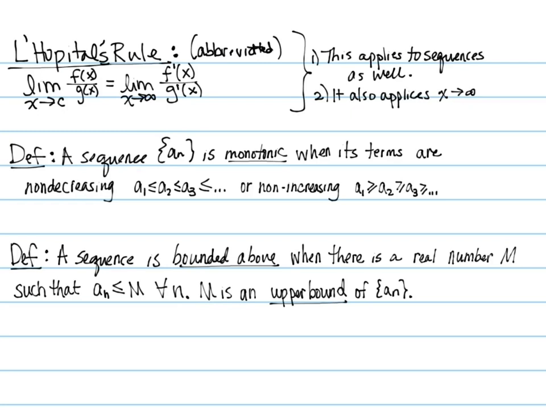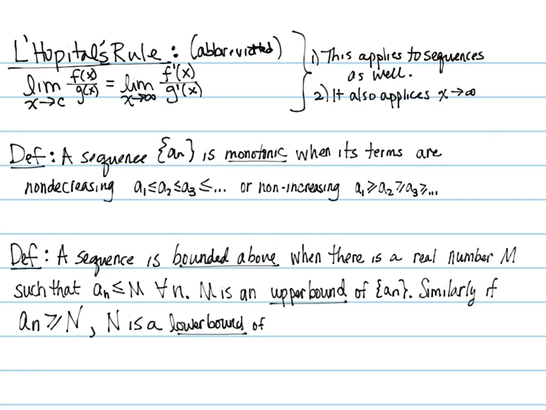If I can define it that way for an upper bound, there's a similar definition for a lower bound, okay? So similarly, if a sub n is greater than or equal to capital N, then capital N is a lower bound of a sub n.